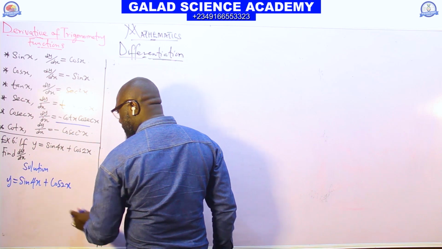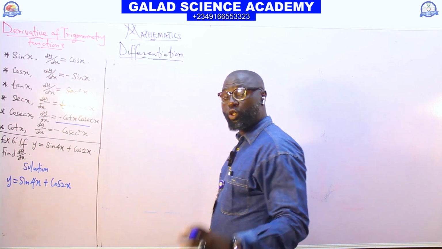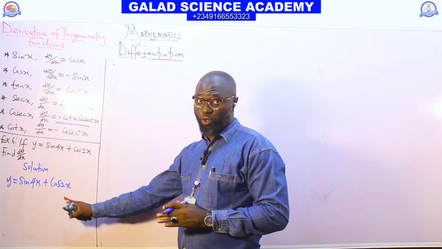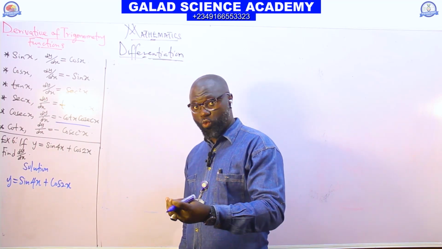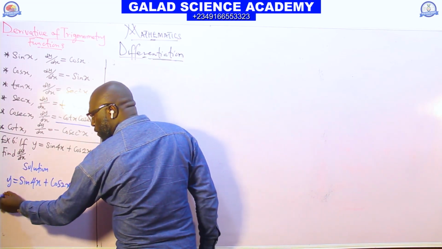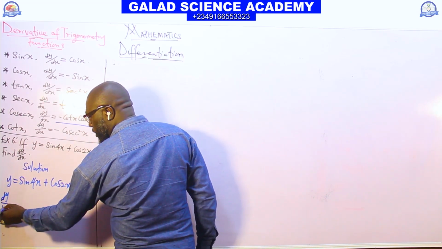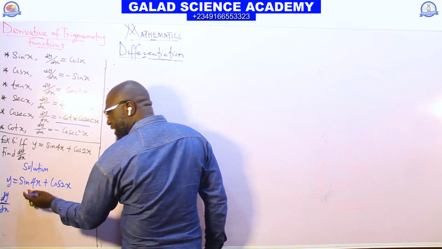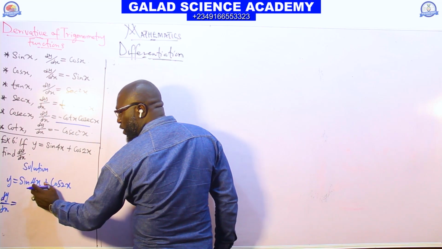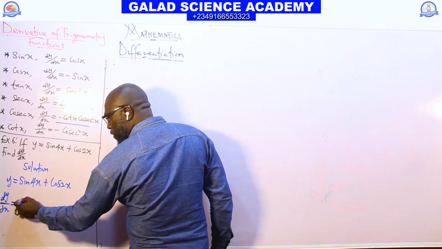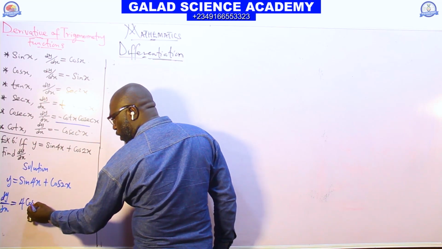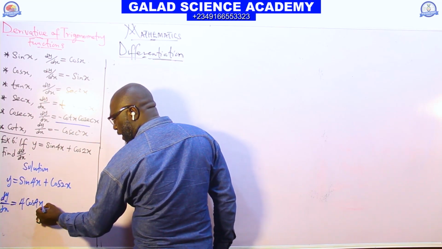In this case, I will allow you to use the short method. I have taught you how to use function of a function to solve it. I call it the u and x method. So the derivative of this, by using the short method: the derivative of 4x gives us 4, and the derivative of sine is cos, so cos 4x.